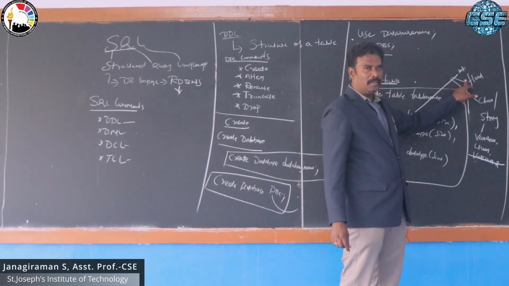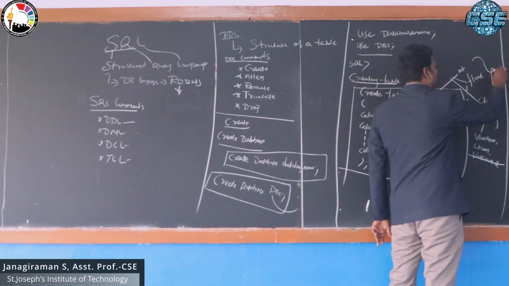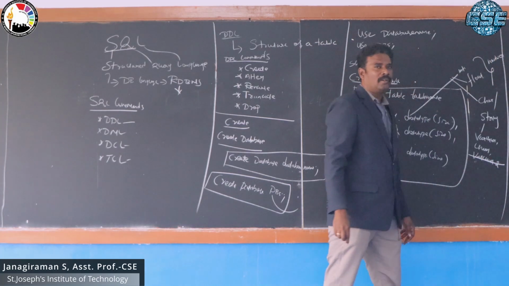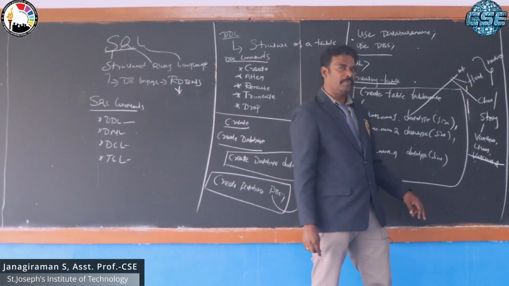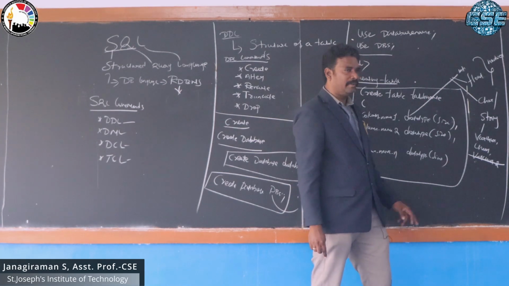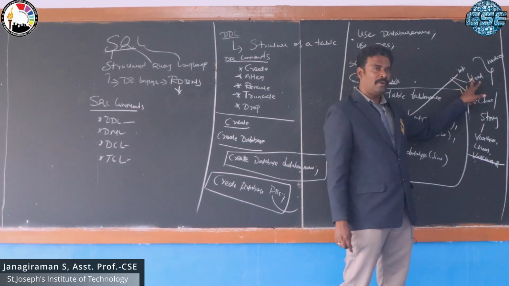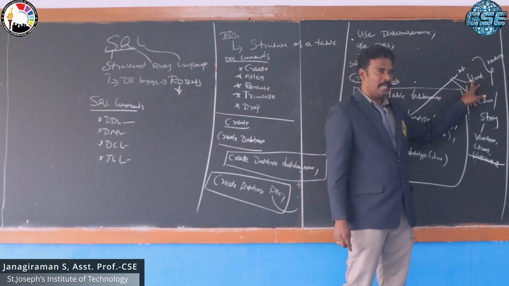And again, for integer and float, if it is Oracle, you can generally use number. You need not specify it as an integer or float. If you use MySQL, you have to specify: if it is an integer, you specify int, and if it is a float, you specify float. Anything I'm missing?